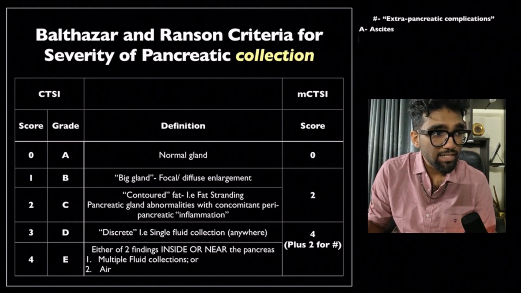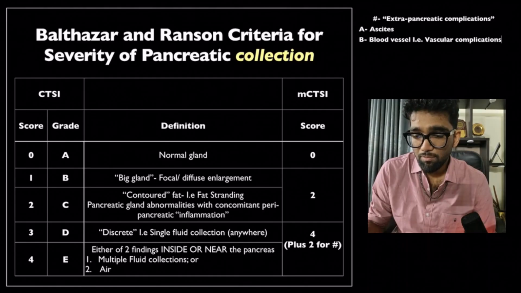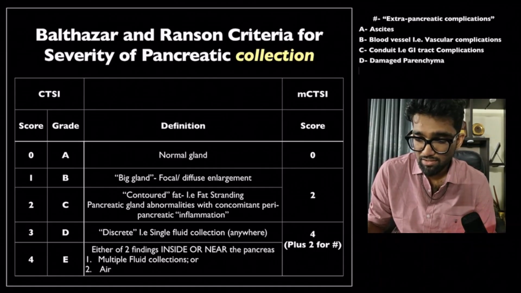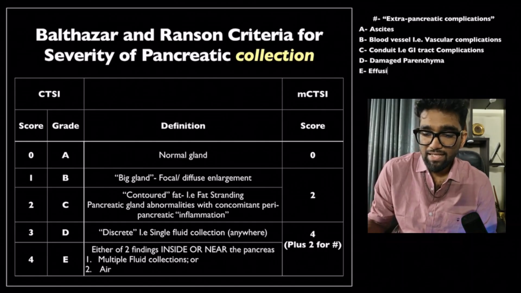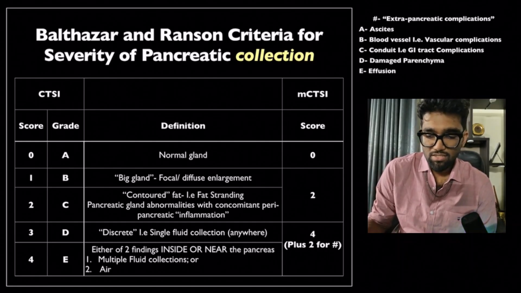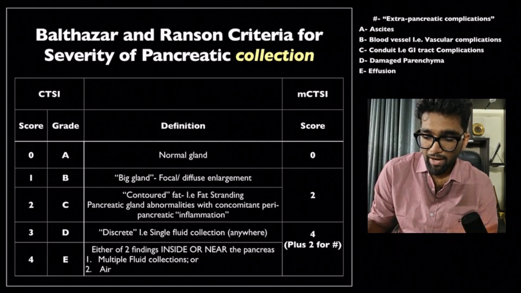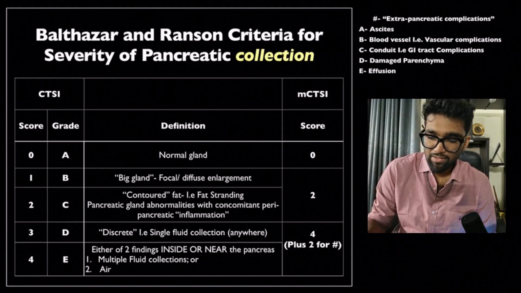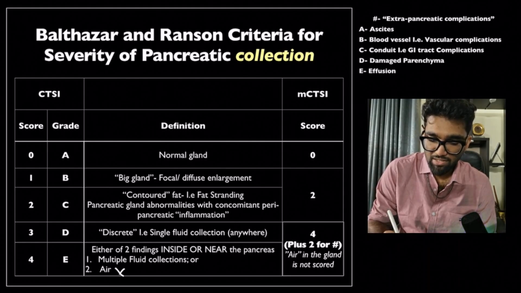A stands for ascites, B stands for blood vessels, that is vascular complications. C stands for conduit, that is GI tract complications. D stands for damaged parenchyma. We'll see what that exactly means. And E stands for effusion, that is pleural effusions, and ascites. But ascites is already covered. Now importantly, in the modified CT severity index, air is not given a score.